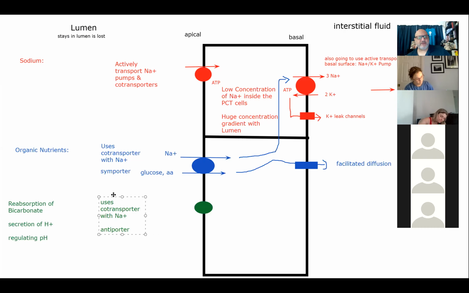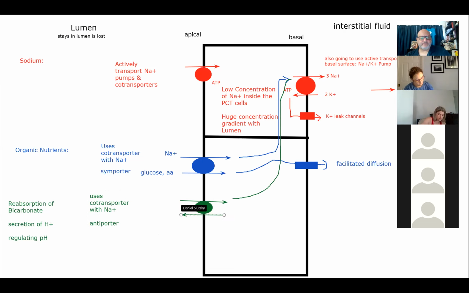And so what happens is we, again, let sodium into the cell, which of course, as we know, then needs to be kicked back out. And when sodium comes in, it actually kicks out a hydrogen ion.